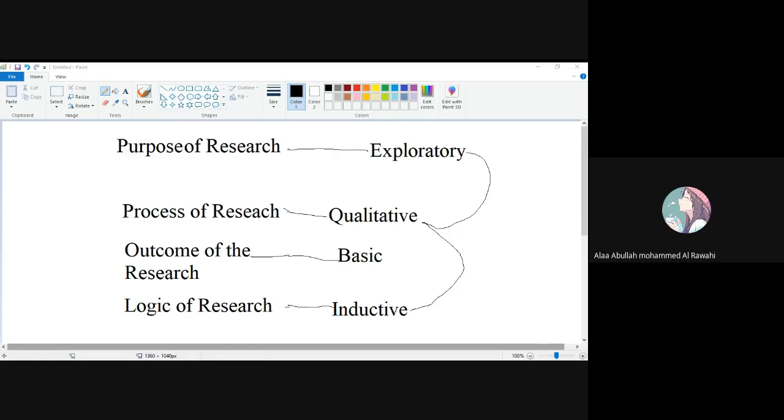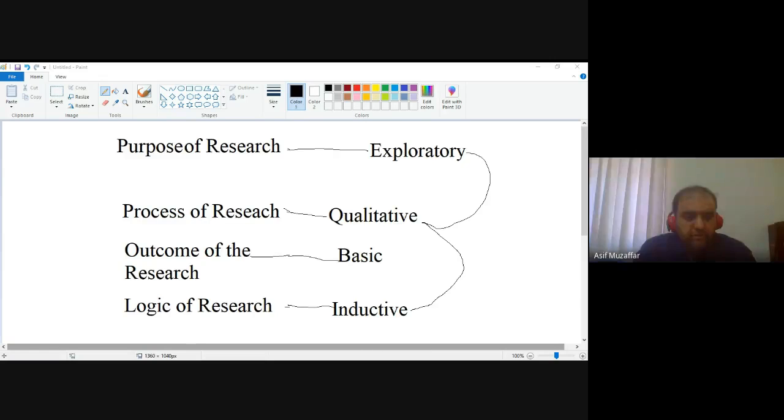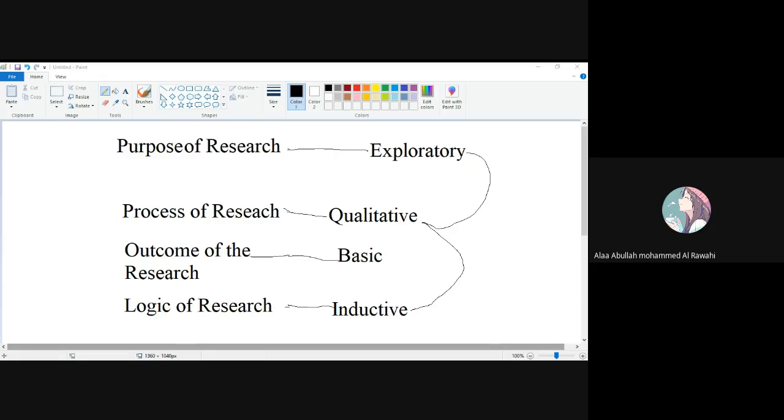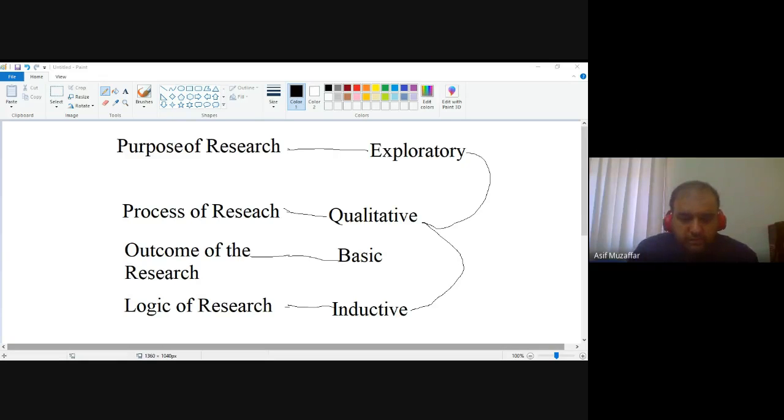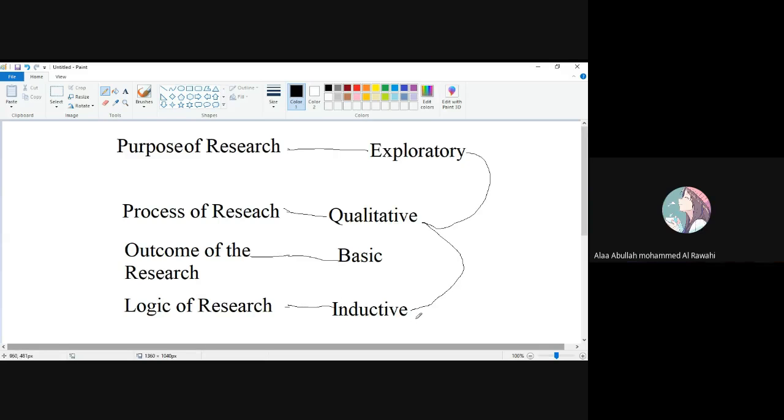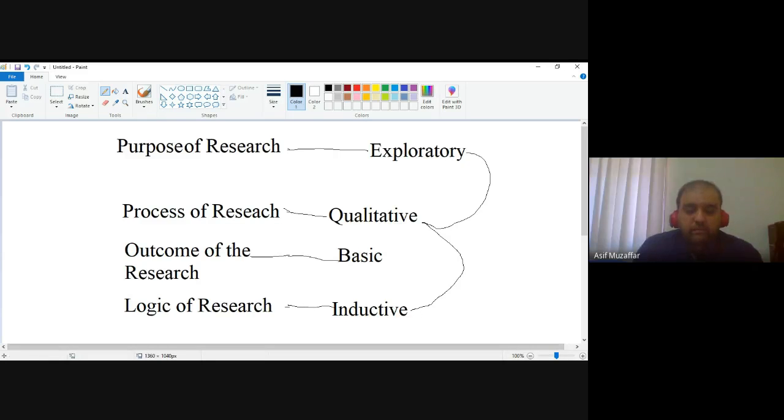The outcome, I think it should be applied, not basic. It should be inductive. When it comes to applied, the outcome, look, that is why I have written it.